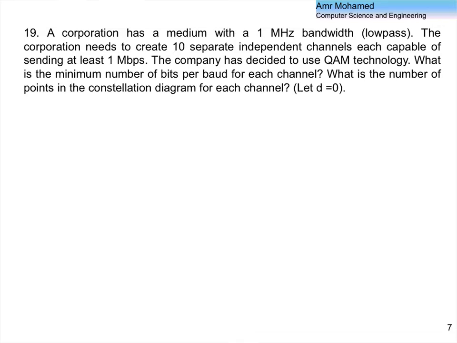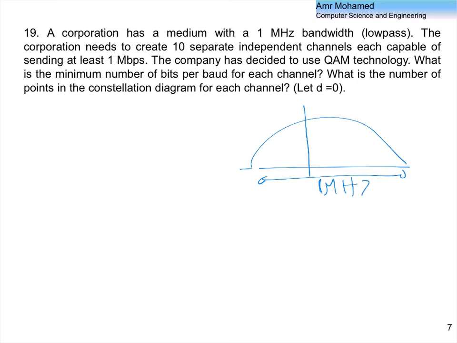So here, a corporation has a medium with a 1 megahertz bandwidth, low-pass. This company has 1 megahertz bandwidth, and it wants to divide this into 10 separate independent channels, such that each channel should be able to carry a 1 megabit per second signal using analog transmission.